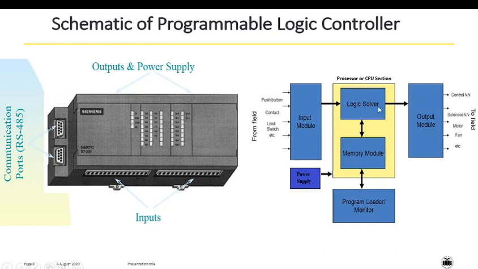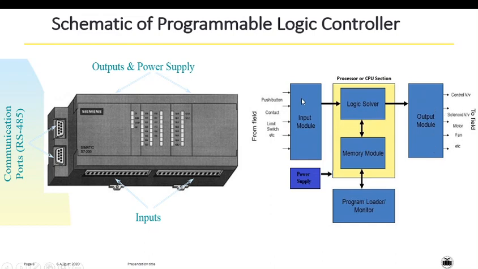Okay, the logic solver is the CPU in the processor section, which is the heart of the PLC, and it will do certain tasks assigned by the user, and after calculating the inputs, the outputs are given to the output module. The output module will convert the electrical signal into a physical signal, which is given to control valves, solenoid valves, motor, fan, or any kind of actuator.